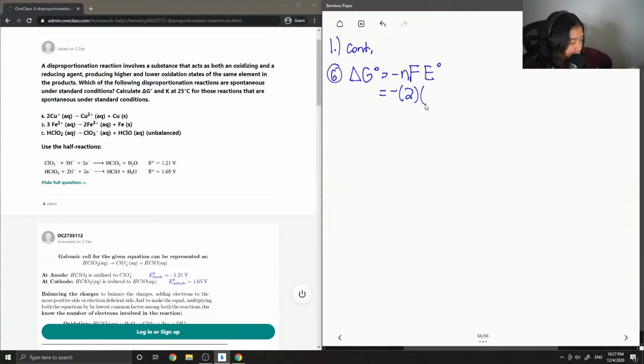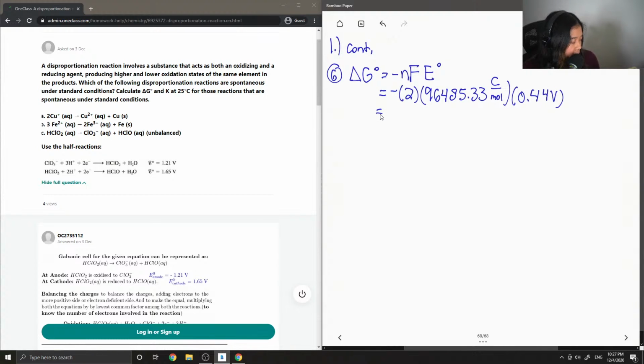F is Faraday's constant, and its value is 96,485.33 coulombs per mole. And then our potential is 0.44 volts.